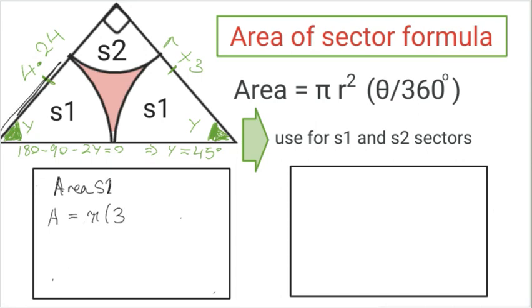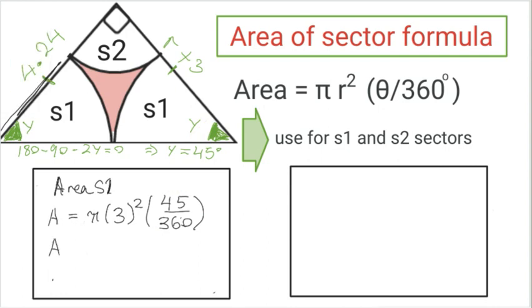So 3 squared by 45 degrees. You can see where that's coming from. That's the y value we worked out earlier. Okay, so that's going to be that angle here.